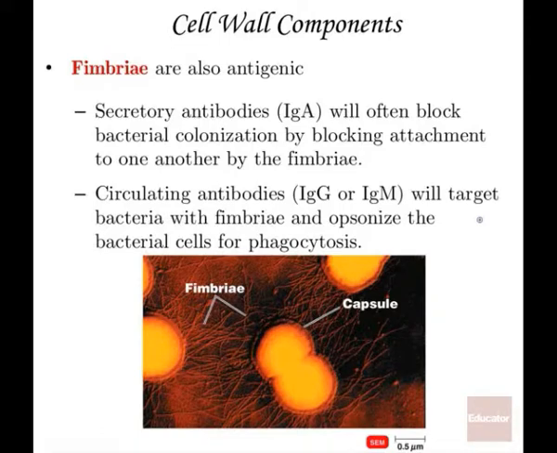So different parts even of the same bacteria can serve as multiple different antigens that target those immune cells to the same bacteria. So in the case of Neisseria gonorrhea, we have the fimbriae that we can utilize as an antigen. And we also have the capsule as well.